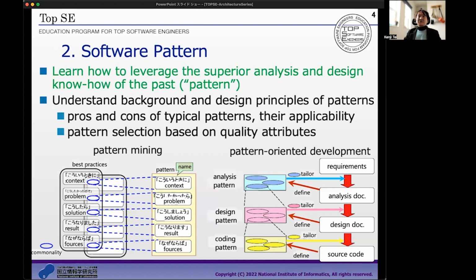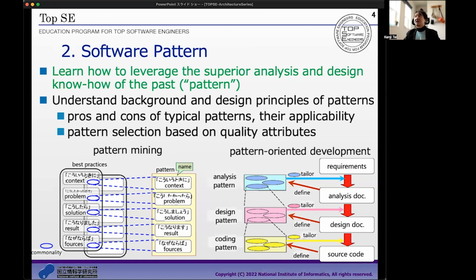Also, patterns are not only for design, but also patterns for analysis, patterns for coding, patterns for maintenance, and patterns for project management. There are many activities related to software development, so there should be some best practice for each activity.